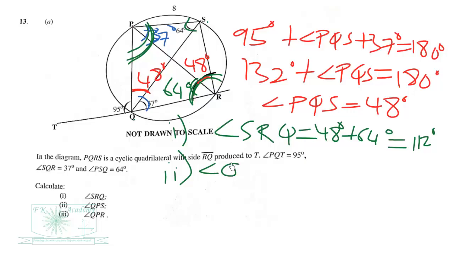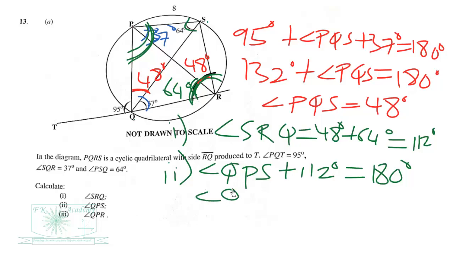So angle QPS plus 112 degrees should be equal to 180 degrees. We got a 112 from here. So angle QPS will be equal to 180 minus 112, all in degrees, and that is equal to 68 degrees.